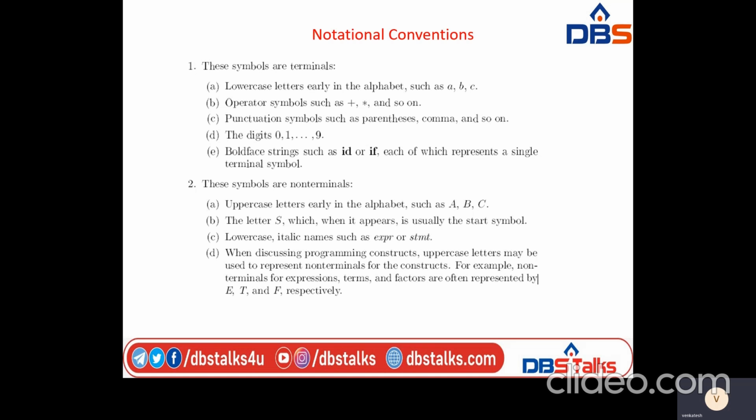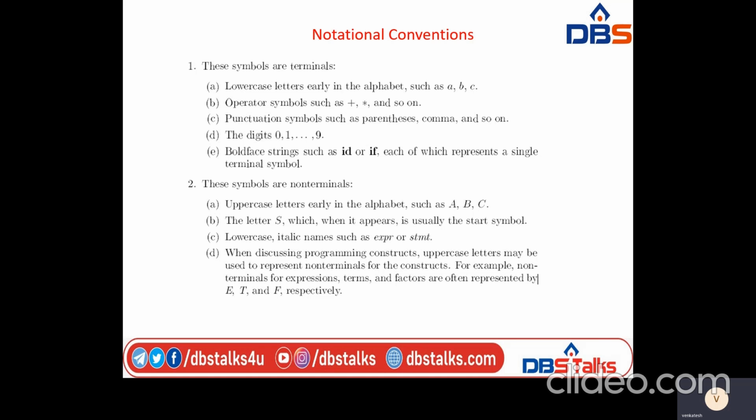So next, whenever we are going to work with this context-free grammar, we are going to note some conventions that we can call notational conventions. So in these notational conventions, what are the terminals? Okay, these are the symbols we are going to take as terminals. That is lowercase letters early in the alphabet, such as a, b, c. All these are terminals. Next one is operator symbols such as plus, minus, star.